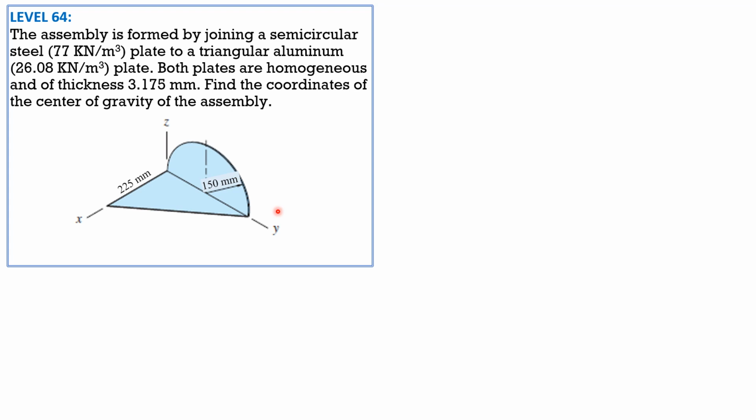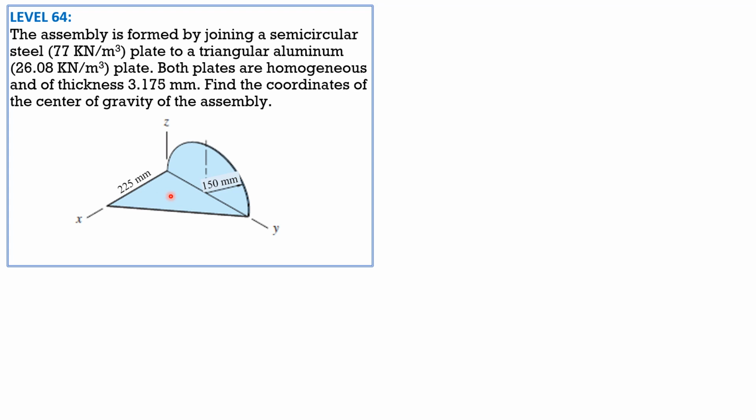The assumption here is that x, y, and z are the reference axes that coincide with the centroid of the plate thickness. Meaning, if the thickness is 3.175, the xy plane, for example, cuts the thickness into halves, so that we don't worry about the z coordinate of the plate.